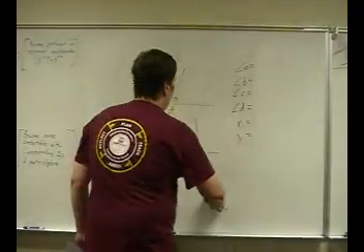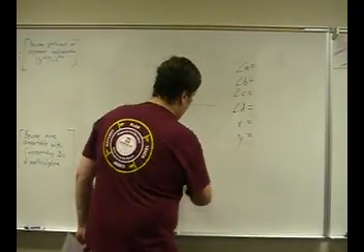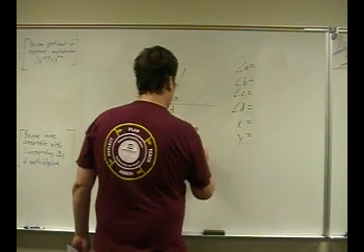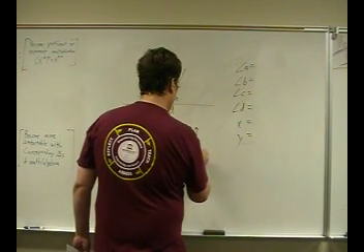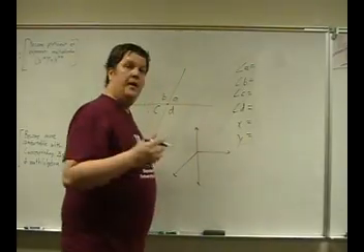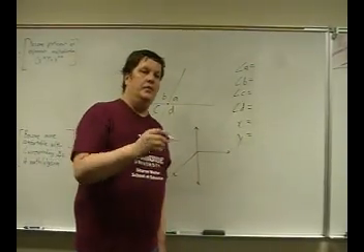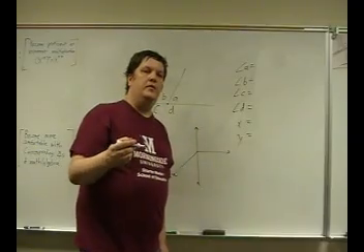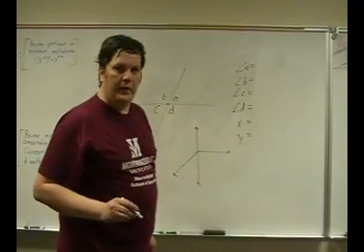So if you have anything that is not two uninterrupted, straight, continuous lines that are intersecting at a point, you do not have vertical angles.